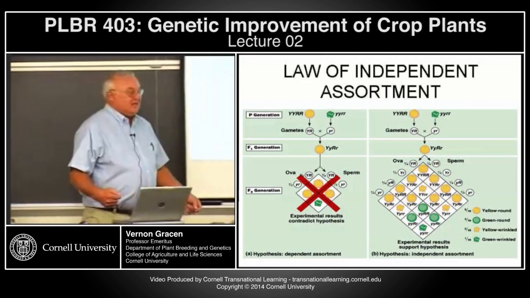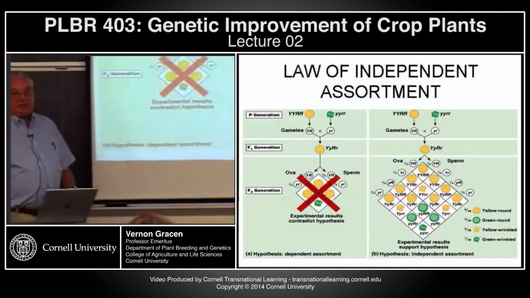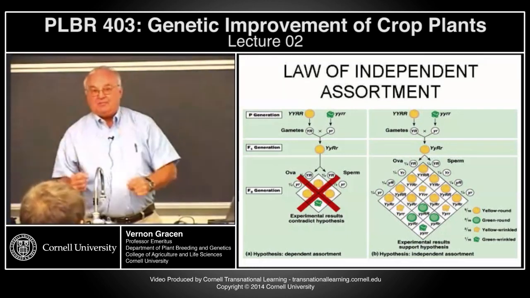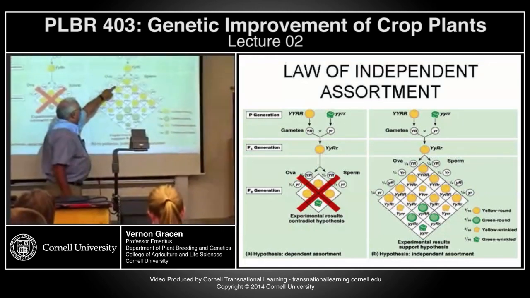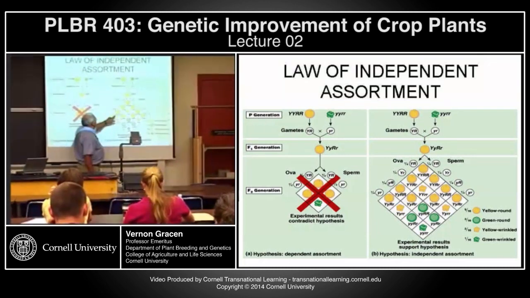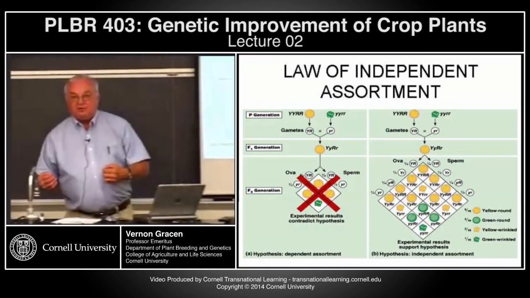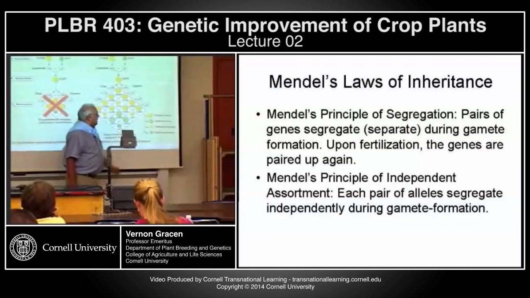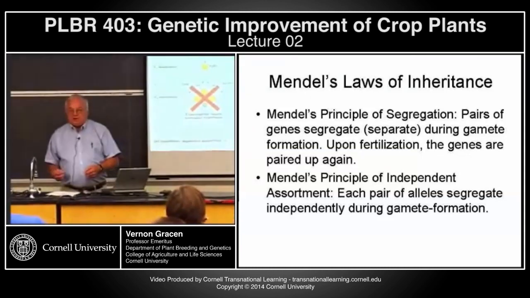The fact that he didn't says, okay, these 2 traits do not assort or segregate together. There's independent assortment, so that what you get are yellow round, yellow wrinkled, green round, green wrinkled gametes produced in equal numbers, both for the female and the male gametes, and that explains how you get that 9:3:3:1 segregation ratio.